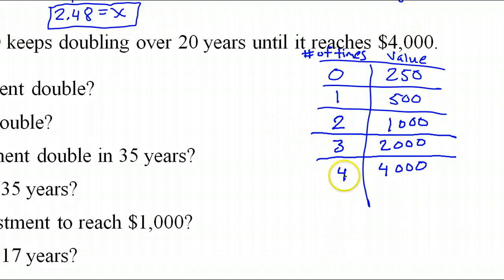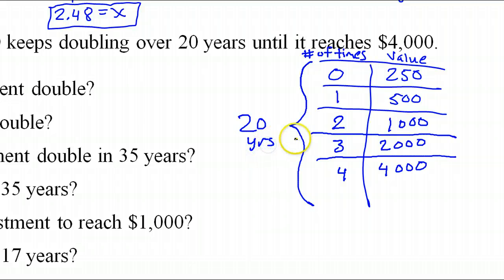Look, it doubled 4 times, but it took 20 years. It said it keeps doubling over 20 years until it reaches $4,000. So it took 20 years. It doubled 4 times in 20 years.